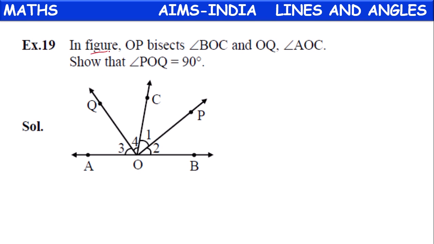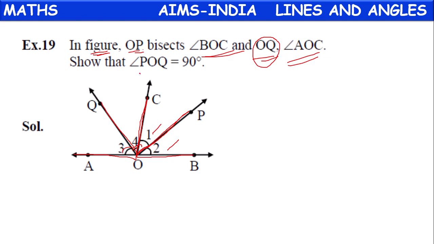Next one. So in the figure, OP bisects BOC and OQ bisects AOC. OP line bisects BOC into two equal parts, 1 and 2, and OQ line bisects AOC into 3 and 4.